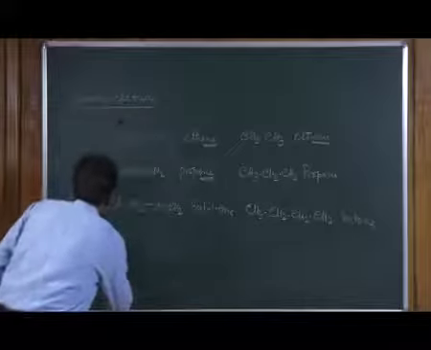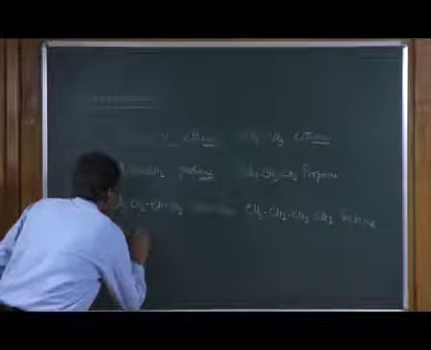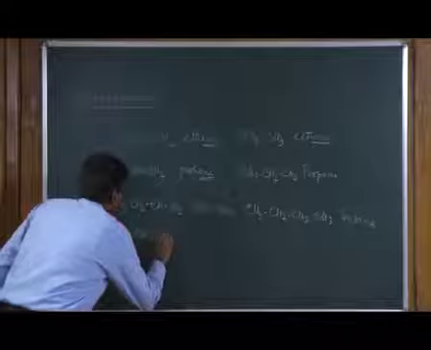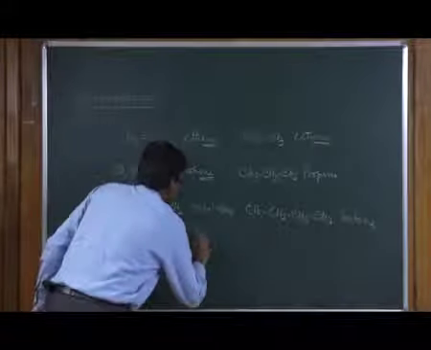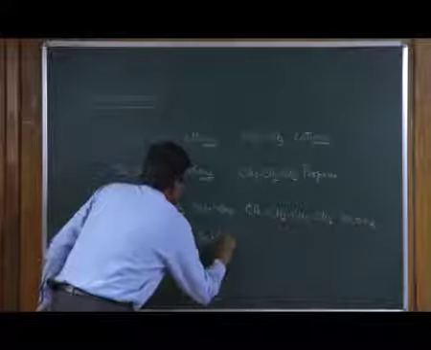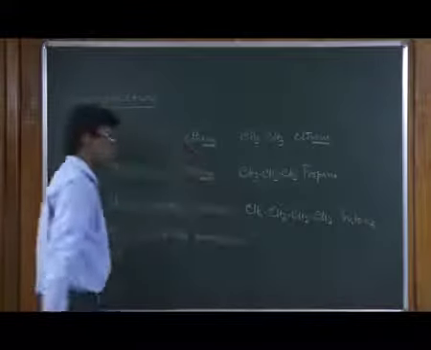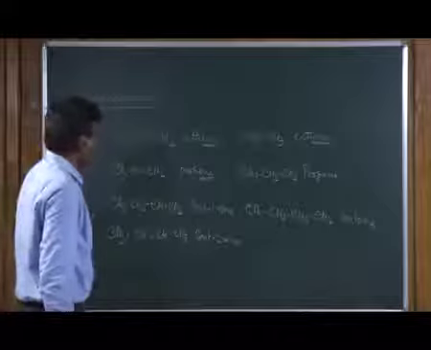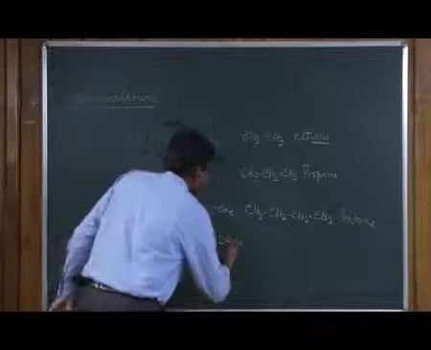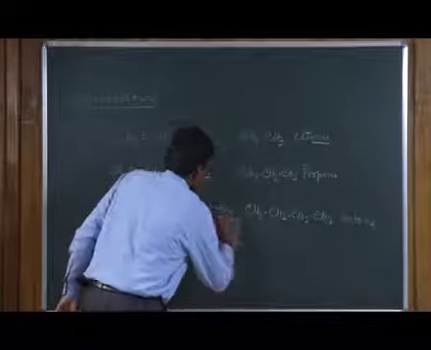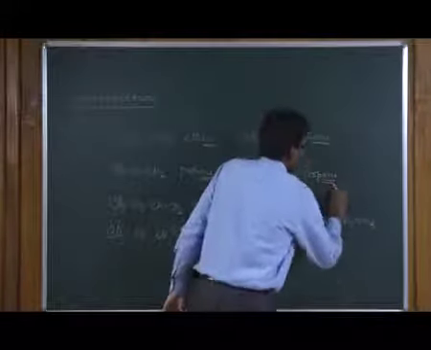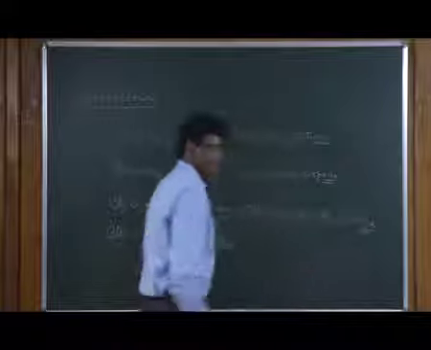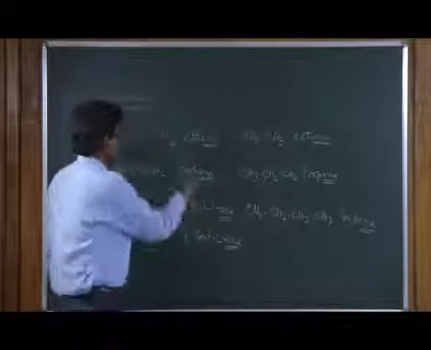The other isomer is, this is but-2-ene. And if you look at all these alkenes, the suffix ane has been replaced by ene.